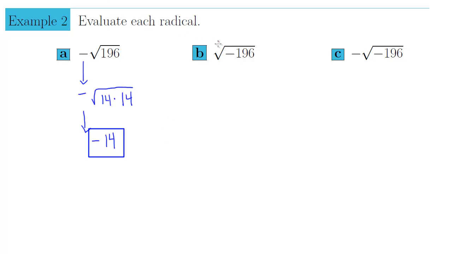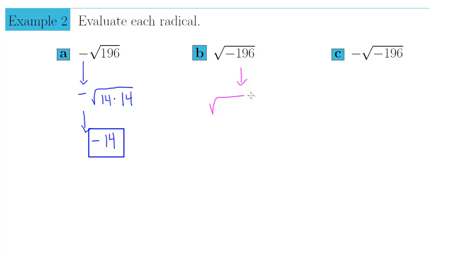So what about part B? Notice the difference between part A and part B is that in part B the negative sign is underneath the radical. What that means is I now have to look for a pair of factors that multiply out to negative 196. I know that 196 is 14 times 14.